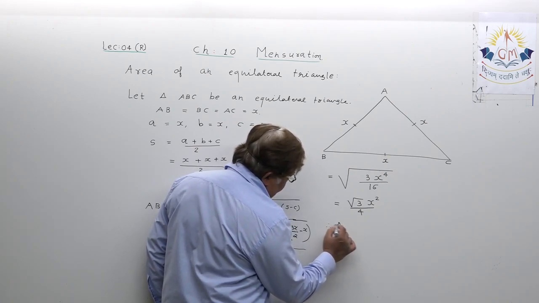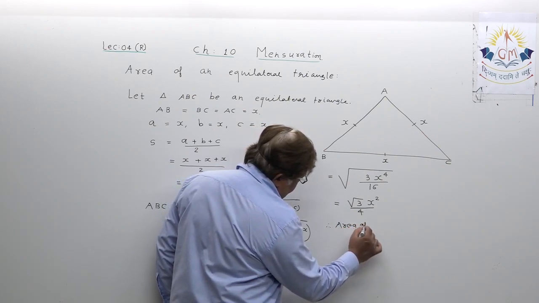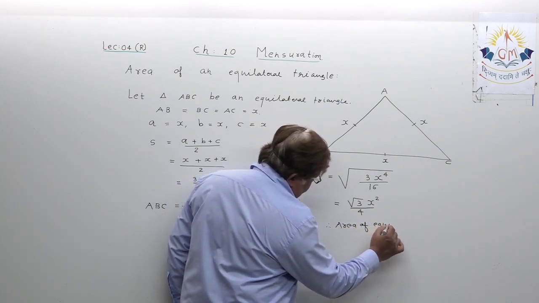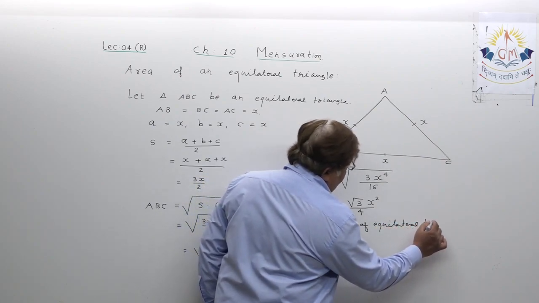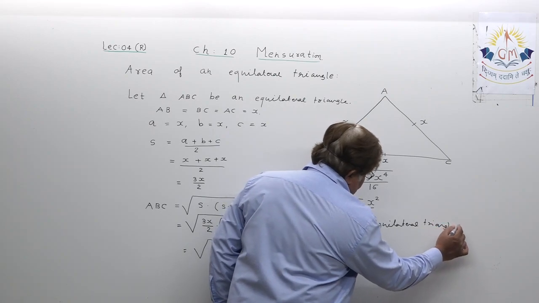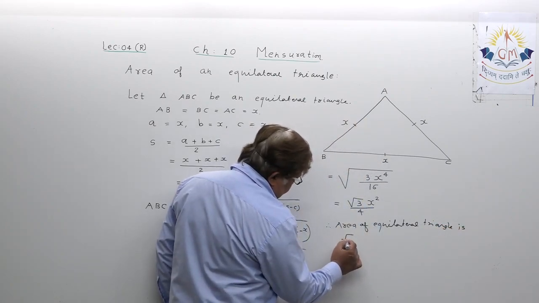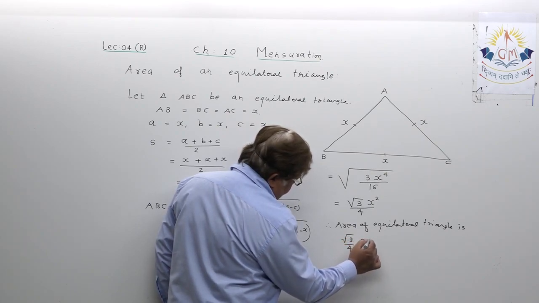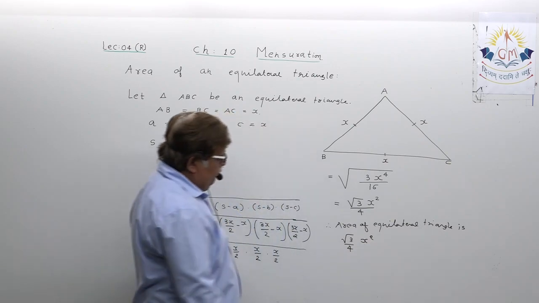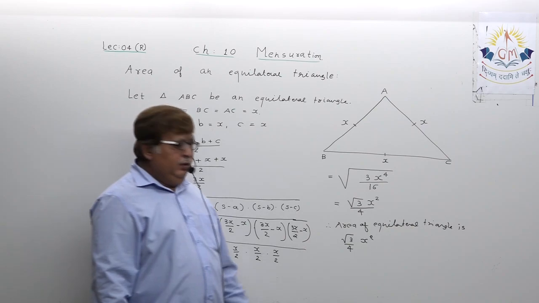Therefore, area of equilateral triangle is under root 3 upon 4 x square. X means the measure of the side, you all know.